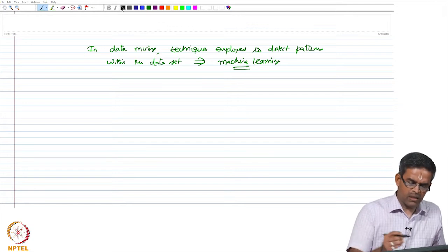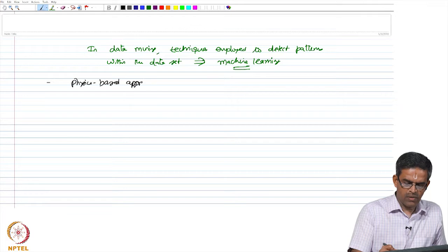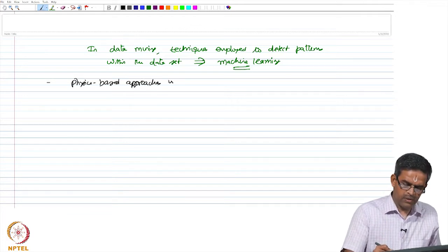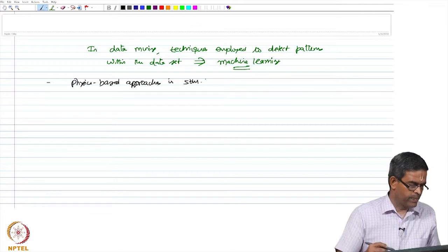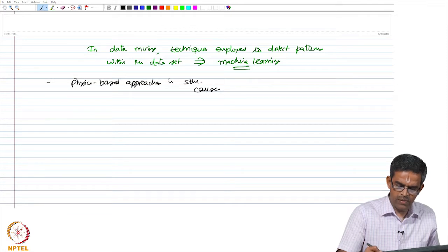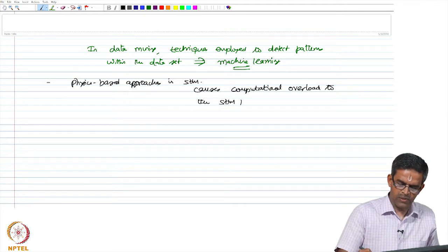We already saw in the last lecture that physics based approaches in structural health monitoring cause computational overload to the SHM process.